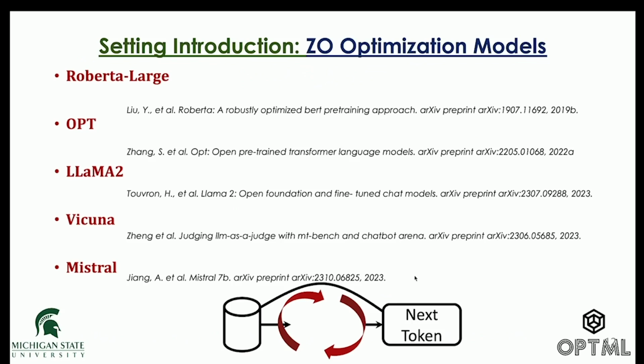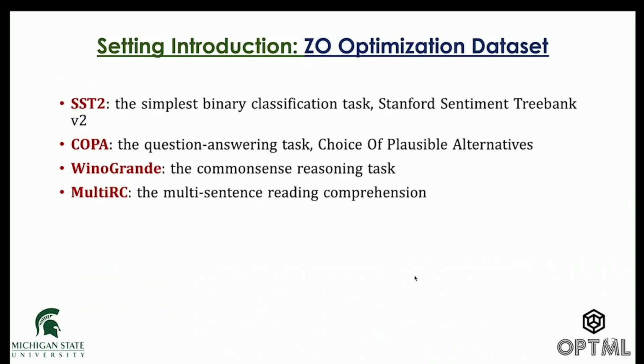We can use Zeroth-Order optimization to fine-tune on a series of tasks, from the very simple task SST2 to more complex tasks like MultiRC, and all of those tasks can be effectively conducted using Zeroth-Order optimization.